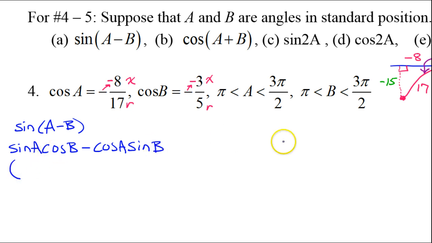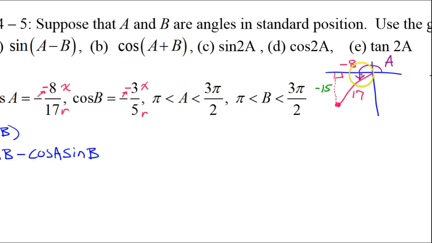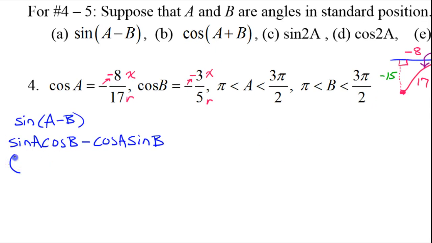Looking at the diagram of A, sine is the y value over the radius, so that's going to be negative 15 over 17.